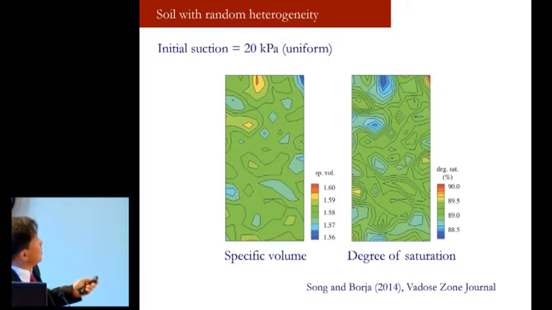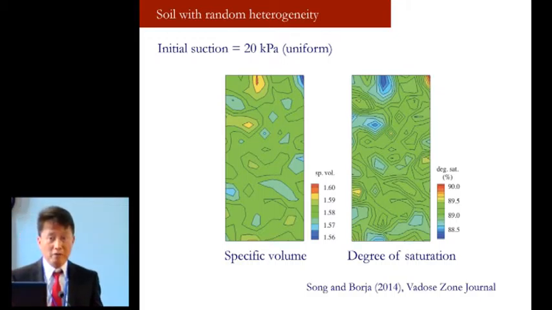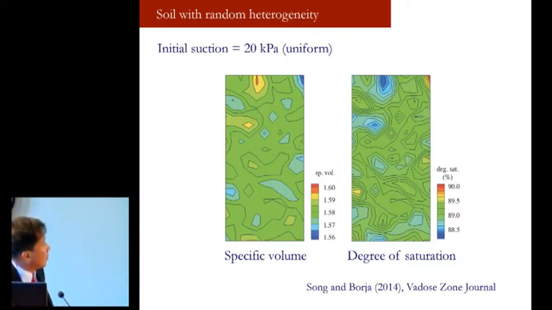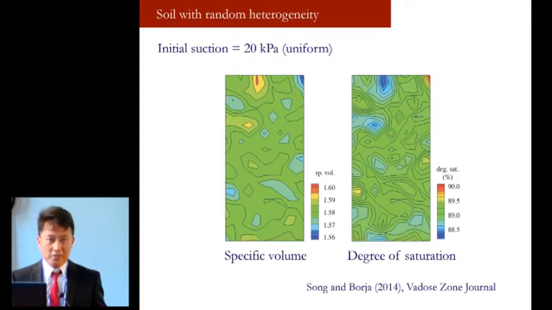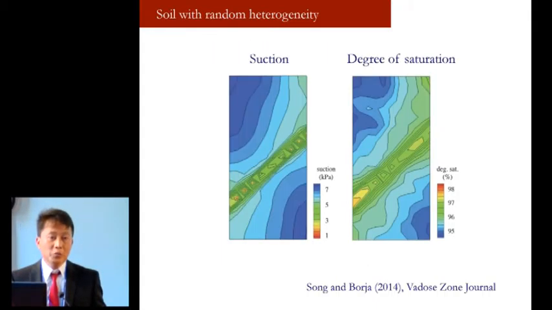Now, we prescribe a uniformly distributed suction. We have no way experimentally of determining the spatial distribution of the suction stress, so we assume it to be uniformly distributed. Consequently, we obtain the spatial distribution of degree of saturation. Note here that we did not generate the degree of saturation spatial distribution stochastically or statistically.